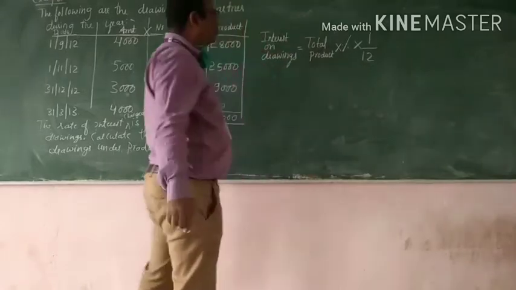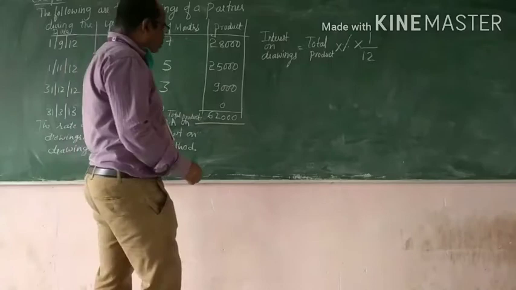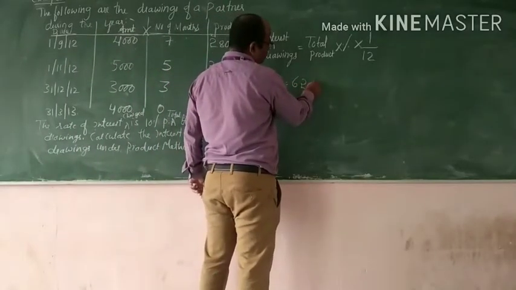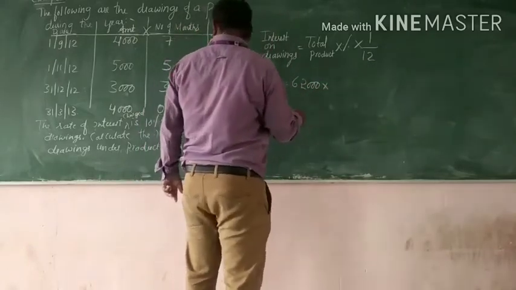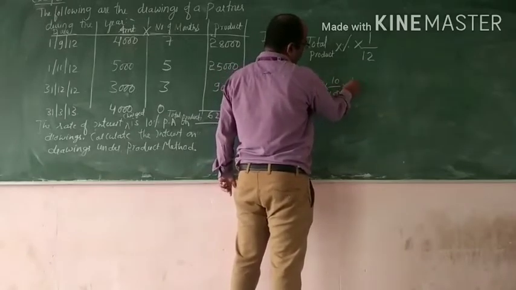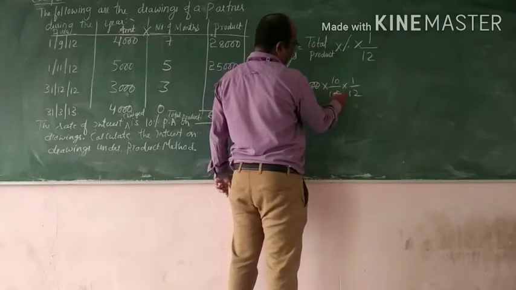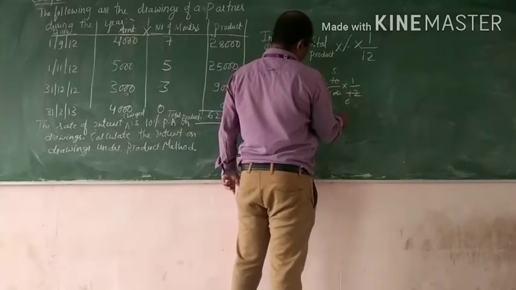So let us calculate the interest on drawings for this problem. The total product we have calculated as 62,000 into the percentage, 10% per annum, into 1 divided by 12.